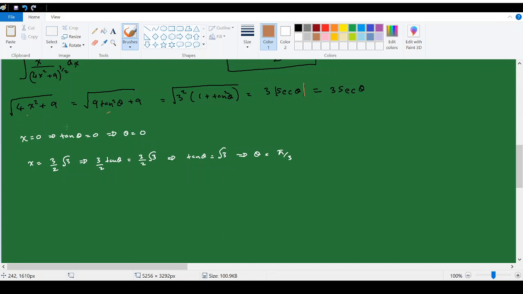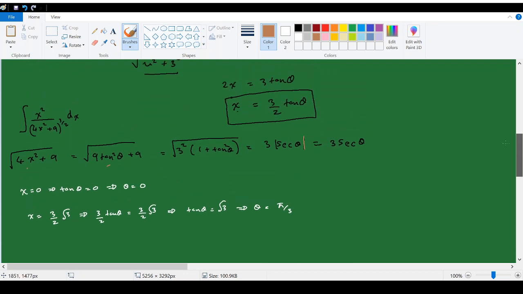And then to find the appropriate limits, because this integral comes with a lower limit and an upper limit, right? So for the lower limit, we should find what is the appropriate theta value when x is equal to 0.